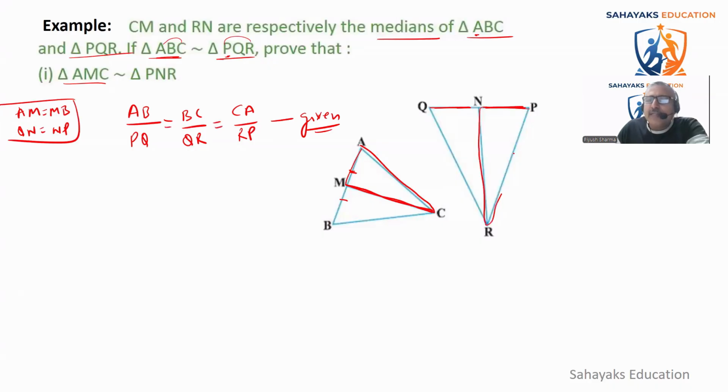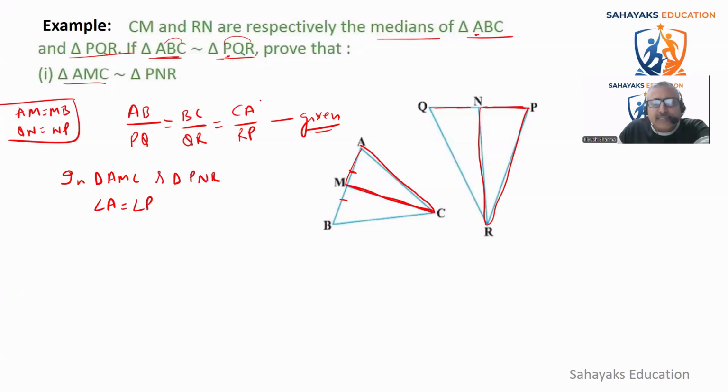So let's compare these triangles. Okay, so in triangle AMC and triangle PNR, I can say that angle A is equal to angle P. Why is it?